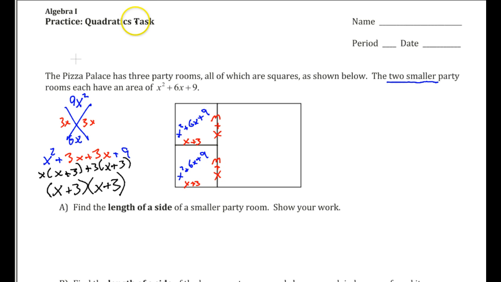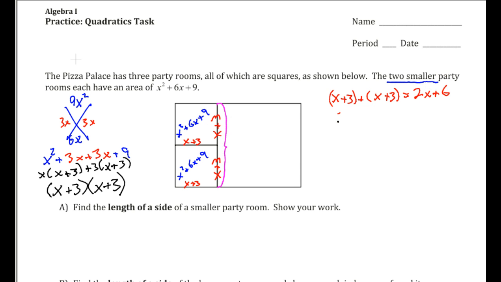Okay. So now, what does that make this right here? We have two ways of doing this. Either x plus 3 plus x plus 3, which gives us 2x plus 6.